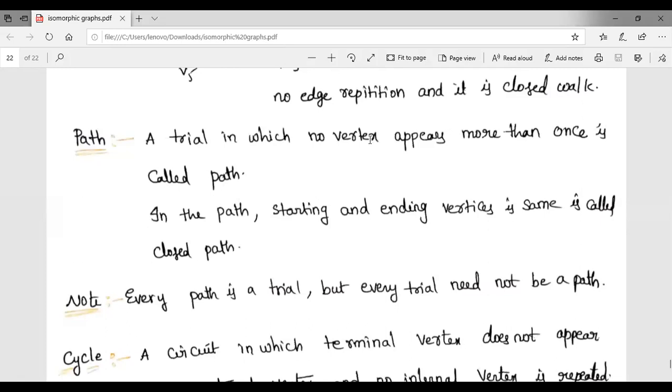That walk is called a path. In a path, the starting and ending vertices are different. If they are the same, it is called a closed path.